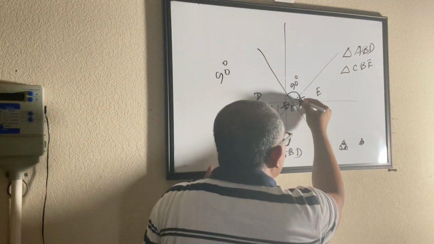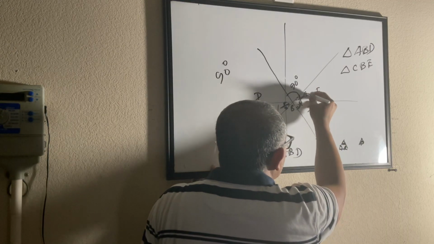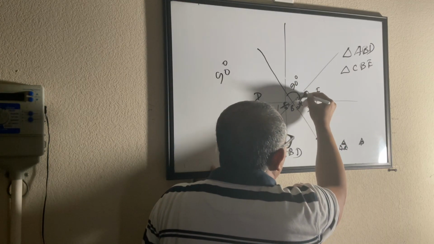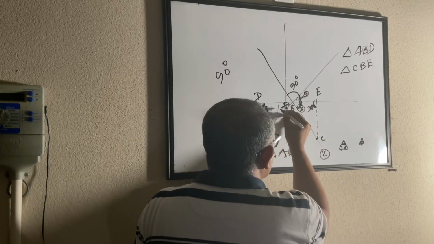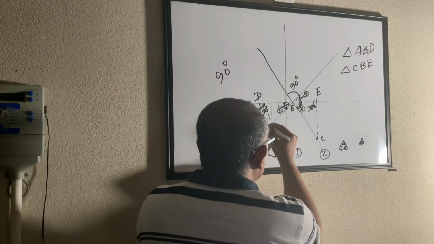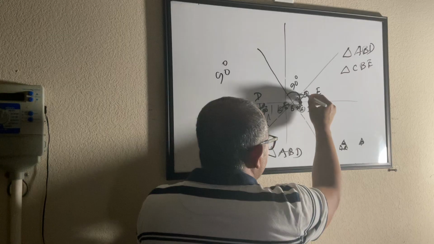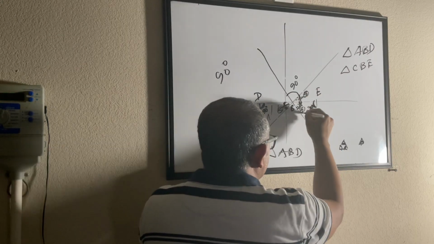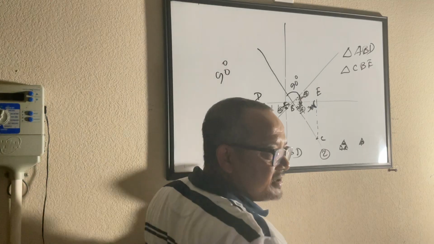So this angle and this angle are matching, and this plus this is 90. So let's say I am calling this 5 and 6. 5 plus 6 is 90, and this is equal to 5. And this, let's say this is x. X plus 5 is 90, and these two are the same, and 5 plus 6 is 90. So x will be the same as this one, isn't it?